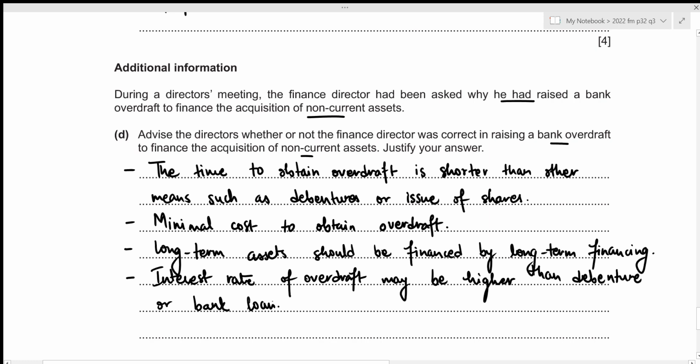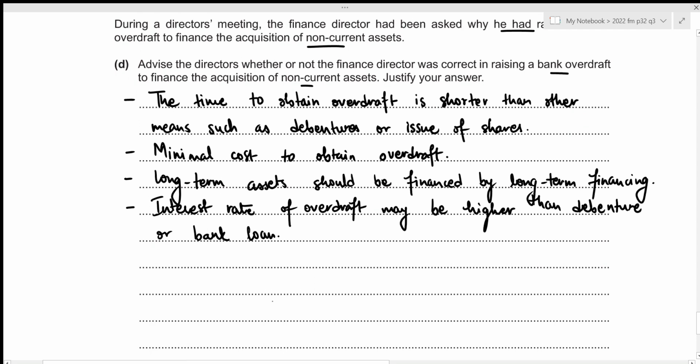Alright, now based on these factors, we need to advise the directors whether or not the finance director was correct. So personally, I would go with the decision that the finance director was incorrect solely based on the fact that the long-term assets should always be financed by long-term financing. Let's write the decision clearly.